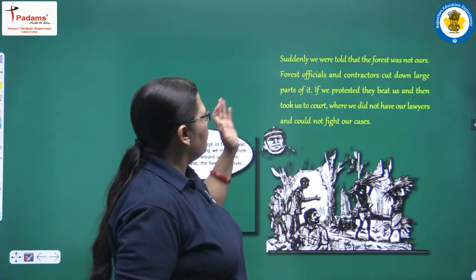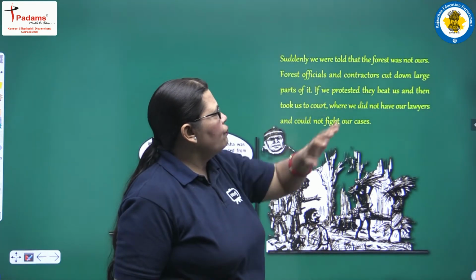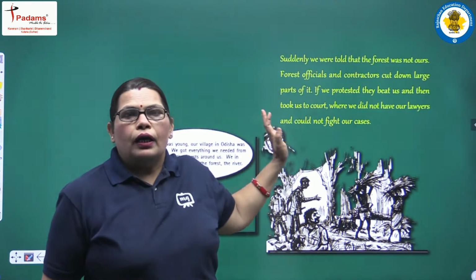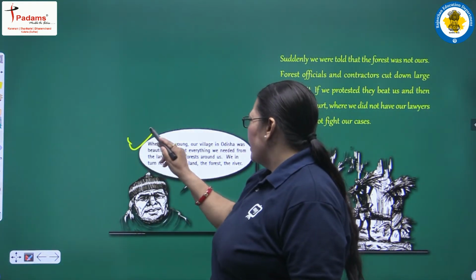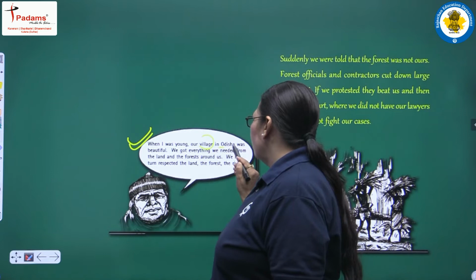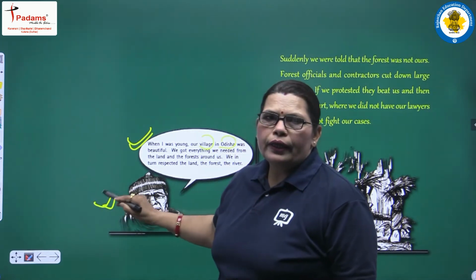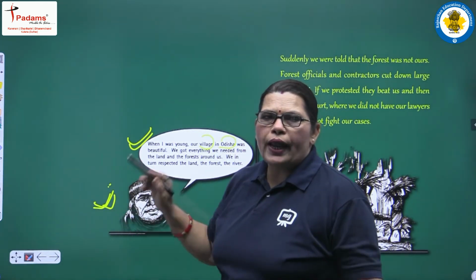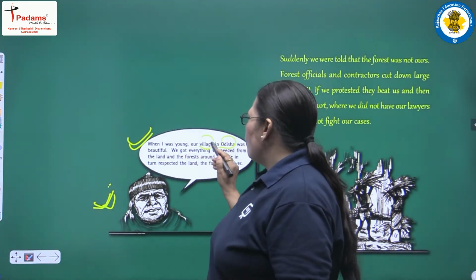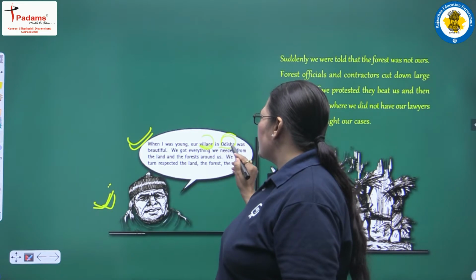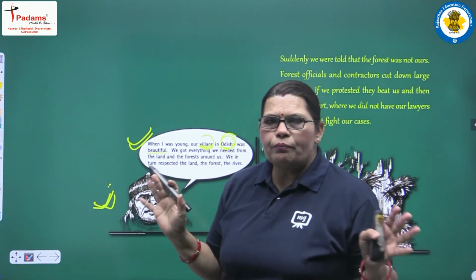So what happened? See, this one is the story told by Dadu to the children. When I was young, our village in Odisha was beautiful, very beautiful.